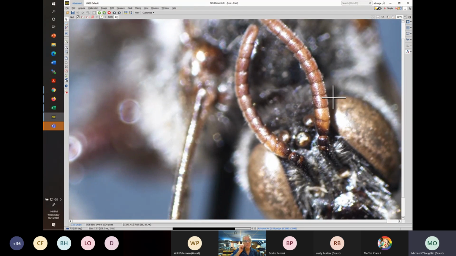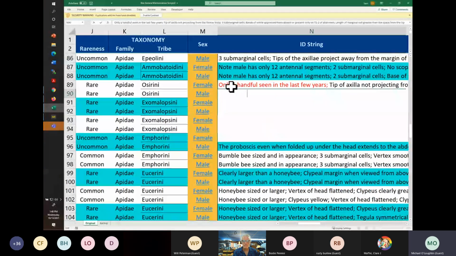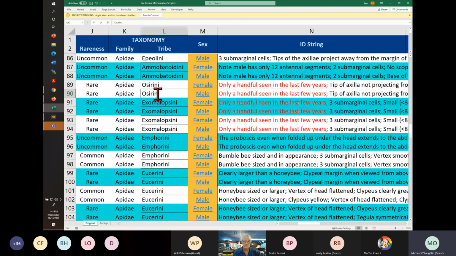Here is the antenna. Remember, it said F1 and F2, I believe, were about the same. Is that what it said? The question in the chat, are they nocturnal?